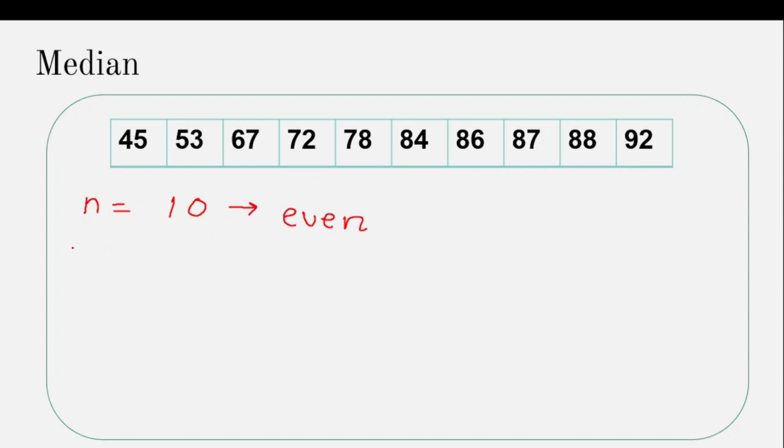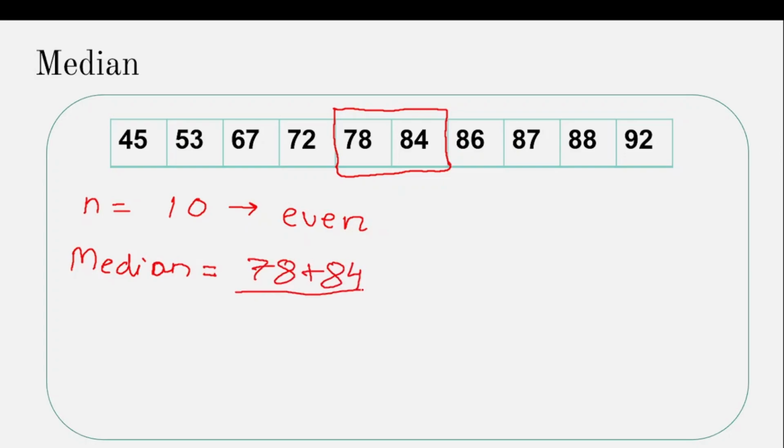For an even number, median is equal to the average of the middle two elements. So 78 and 84, the 5th and the 6th elements, are the middle two elements. The median will be equal to the average of 78 and 84, which is 81. So this is the median.